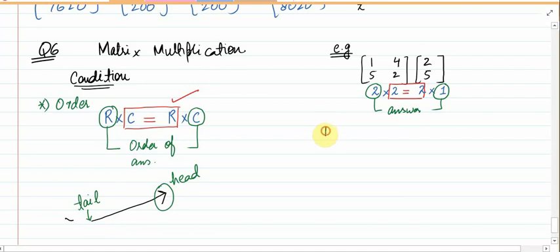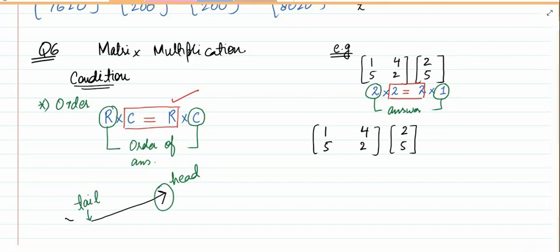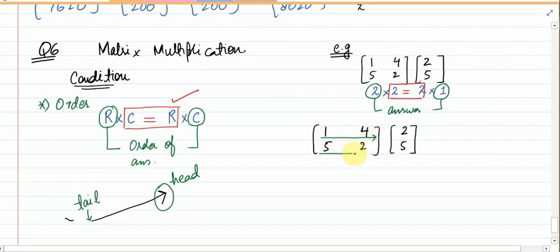Our matrices are 1 4 5 2 and 2 5. Now we know that multiplication is possible because the condition is satisfied, right? After that we are going to draw the arrows. In the first matrix, arrows are always horizontal, and in the second matrix, arrows are always vertical, right?